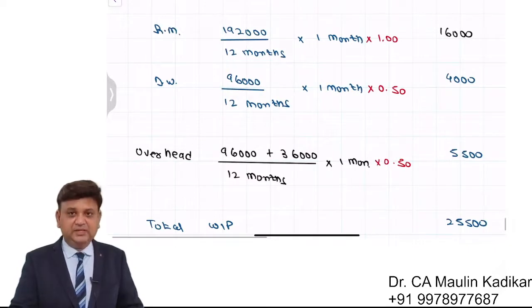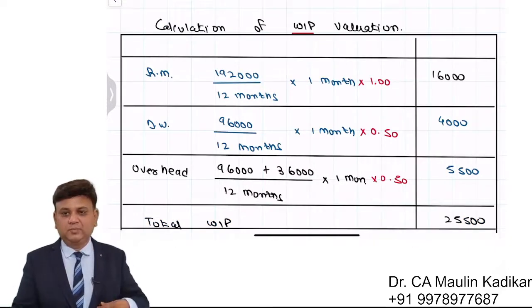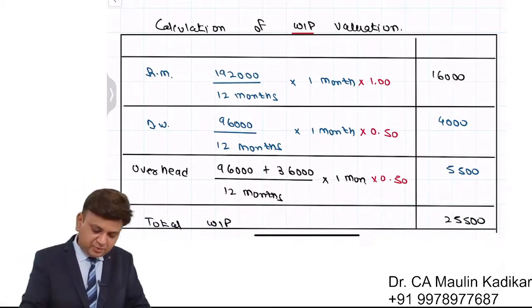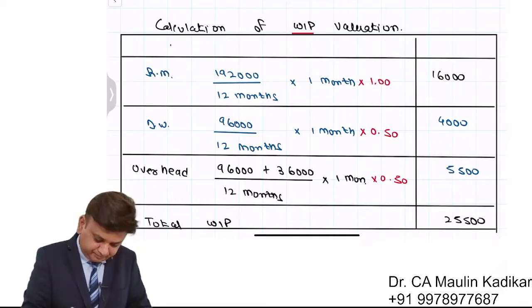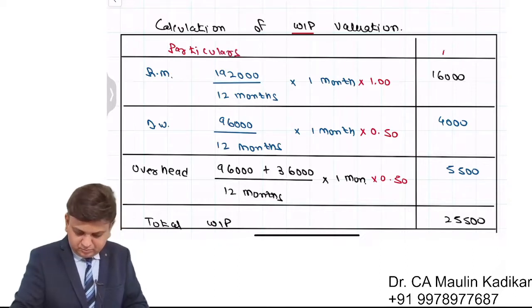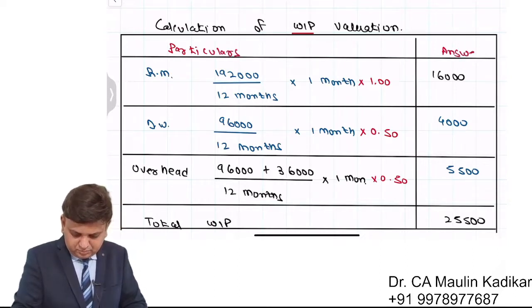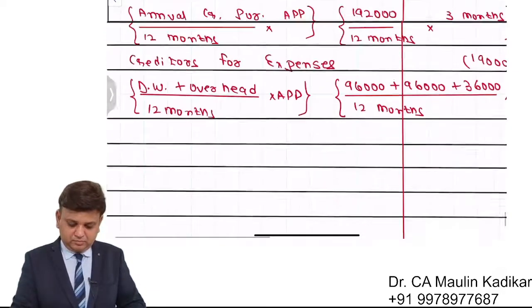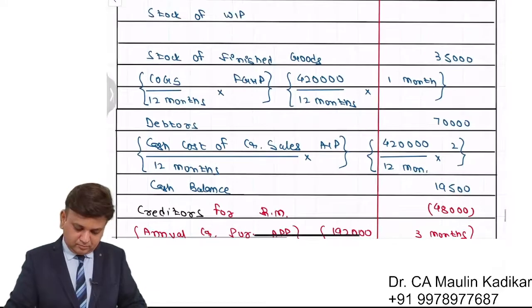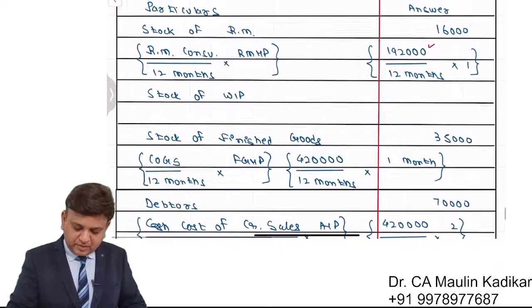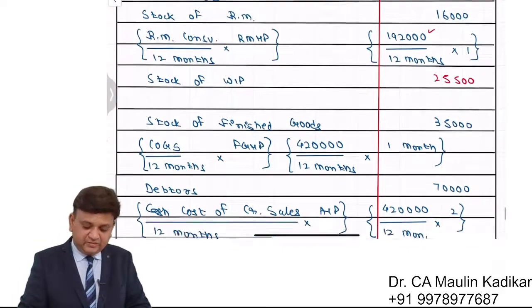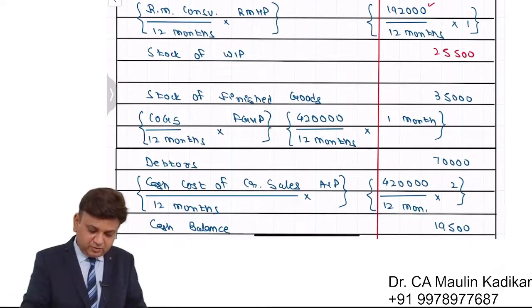That is what we understand. So this is the way we compute the WIP valuation: 25,500, and we can write over here refer working note.